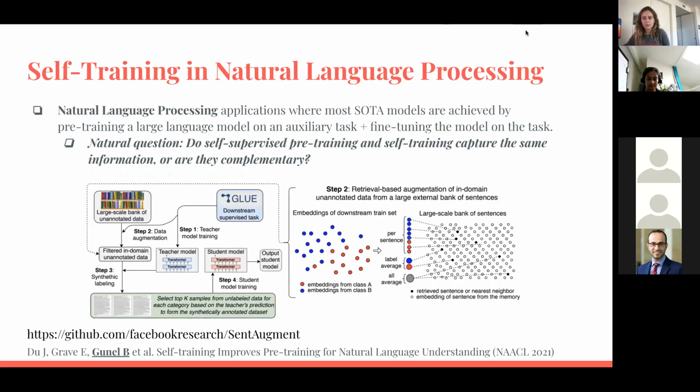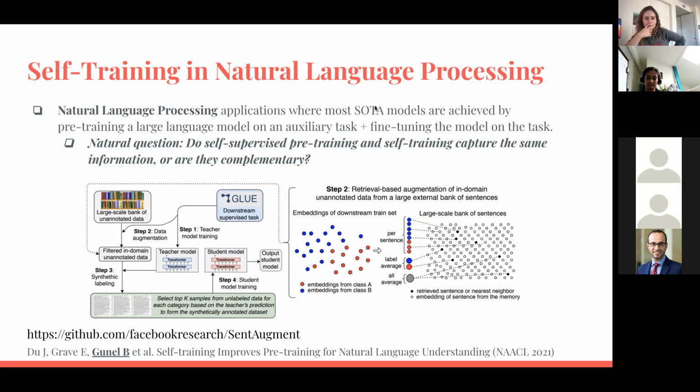And here I'm showing results for self-training in natural language. This is actually work that I did with several Facebook collaborators. Here we were interested in looking into whether self-supervised pre-training and self-training capture the same information, or are they complementary? So is this benefit solely coming from some sort of self-supervision, or is it something meaningful on top of pre-training?